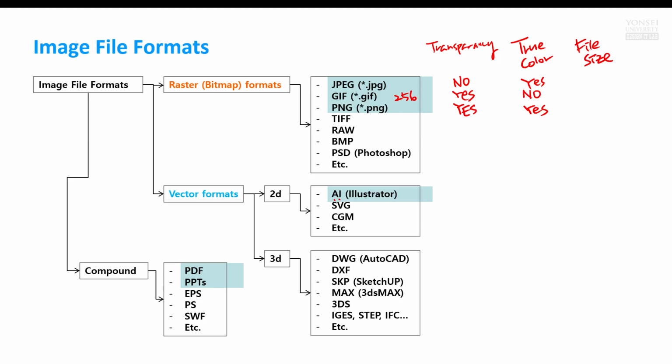But nowadays, even our smartphone has several gigabytes of storage. So I think it's no problem. But anyway, JPEG is really good in terms of file size. GIF is also not bad, it's also good. PNG file, we cannot say it's good. I think it's not bad. Okay, not bad.